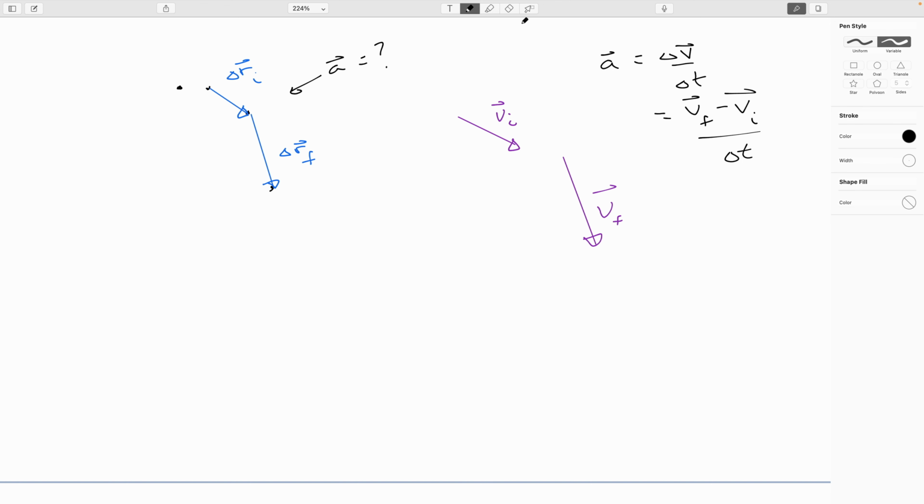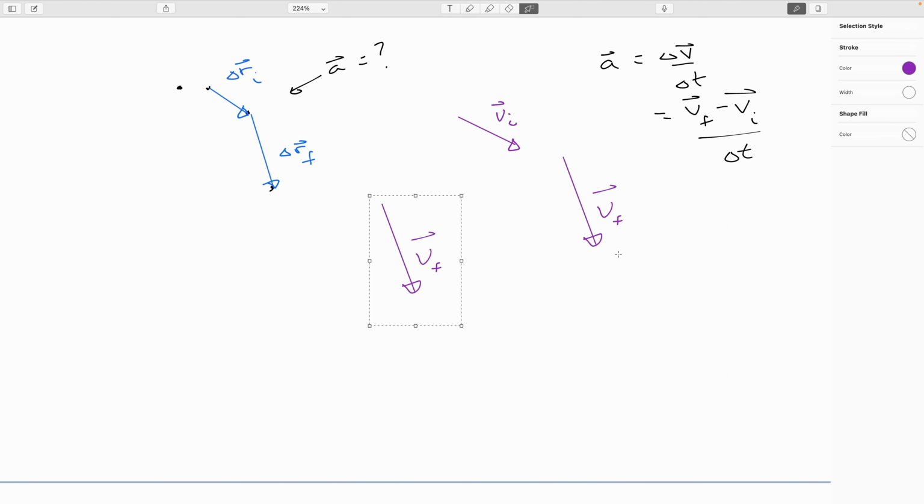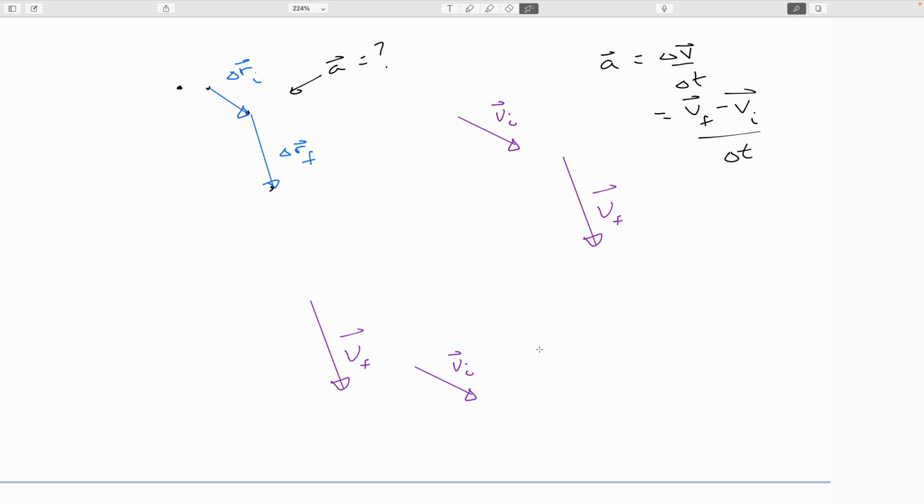Let's use the tail to head approach here. So I'm going to go ahead and make a copy of this. Copy, paste. Yeah, that's pretty good. And we'll make a copy of this. Copy, paste. But keep in mind, what I need is not v initial, but negative v initial.